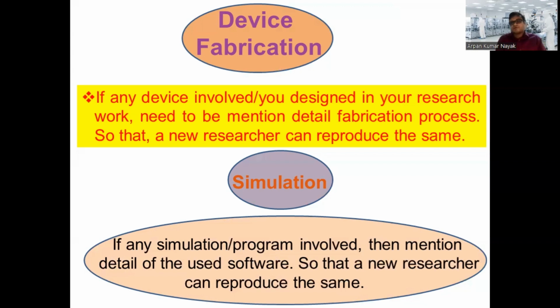If any simulation program is involved in your scientific article, mention which software you used, the package name, what you took and how you took it to perform the theoretical study, and how you optimized the structure or material. All the detailed information about how you started and ran your simulation, you have to give in this simulation section.